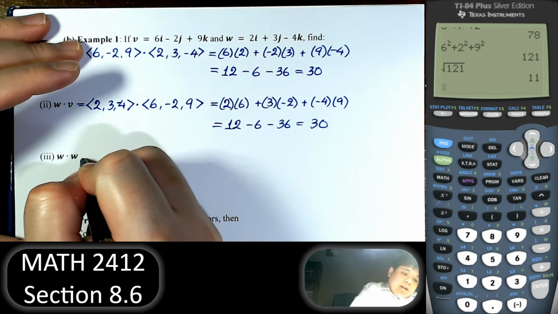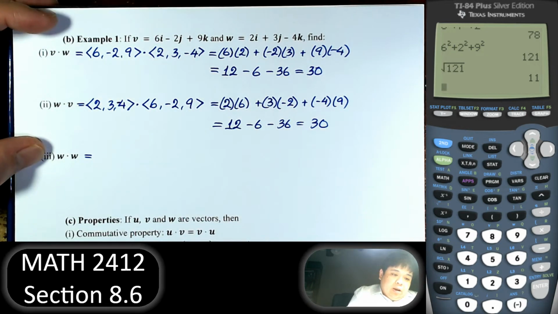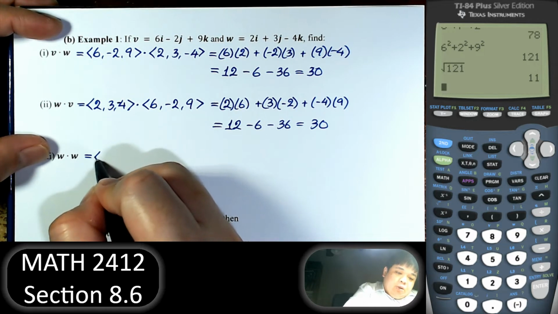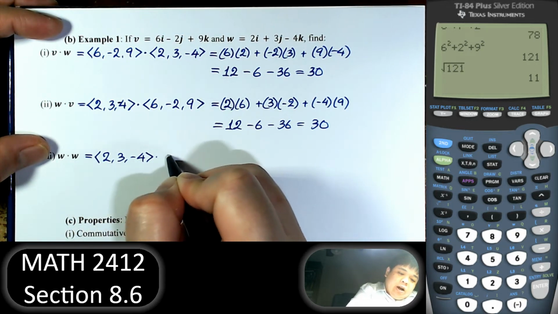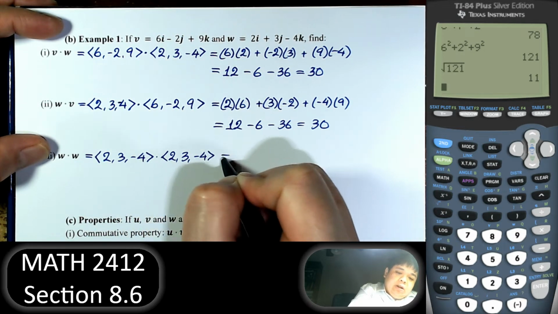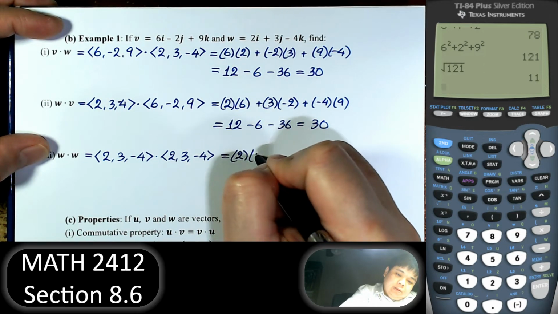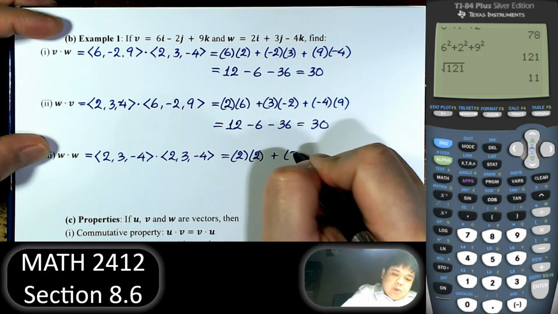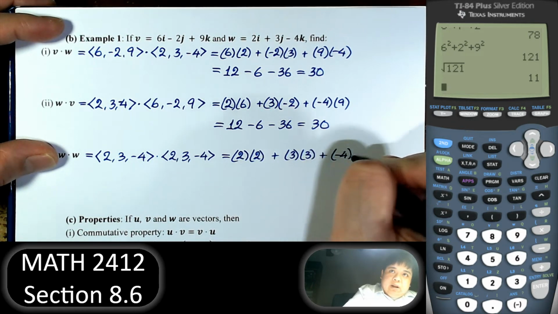And now the dot product of W by itself: 2, 3, and negative 4 dotted with 2, 3, and negative 4. So 2 times 2, 3 times 3, and negative 4 times negative 4.